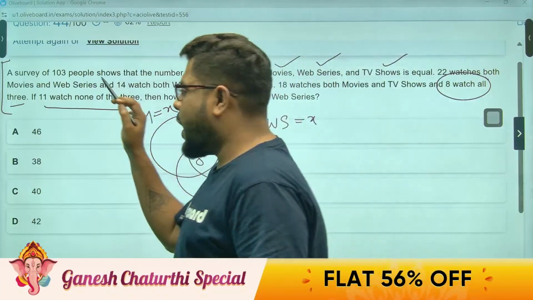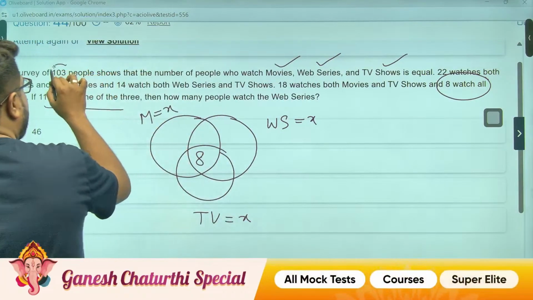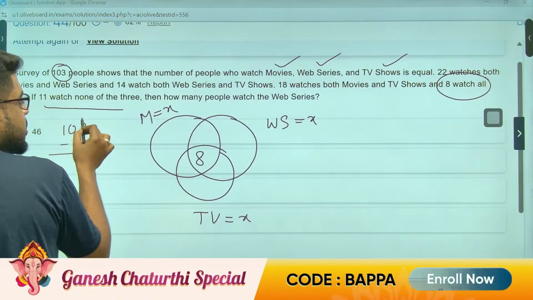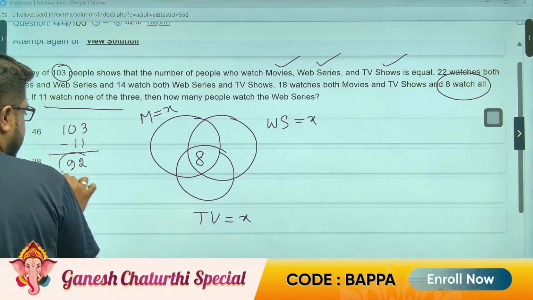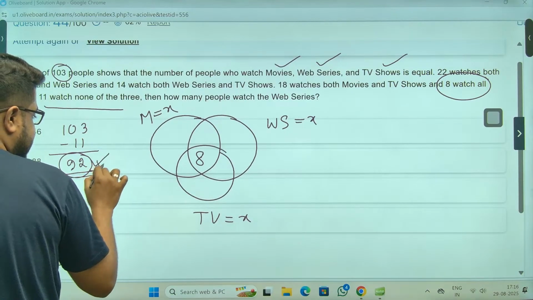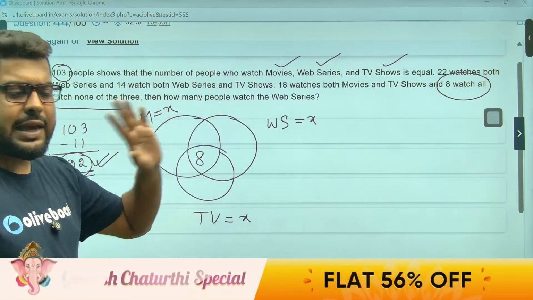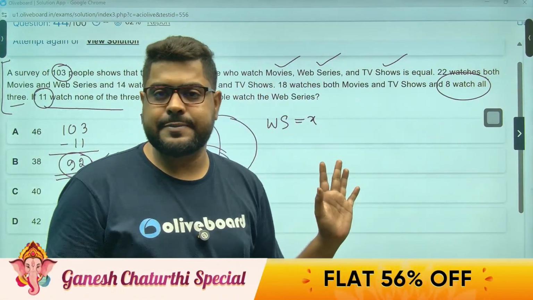So our Venn diagram will consist of 103 minus 11, so 92 people. We are concerned with these 92 people. We won't even find out about those 11 people.